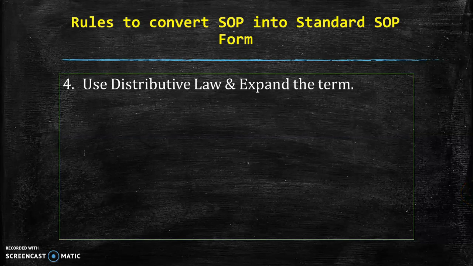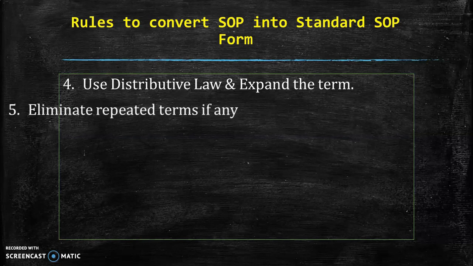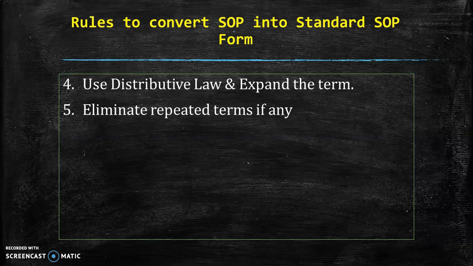Now step number 4, use the distributive law of Boolean algebra and expand the term. And last, eliminate repeated terms if any. In case of OR operation, we know that A plus A is equal to A. So we can eliminate repeated terms.